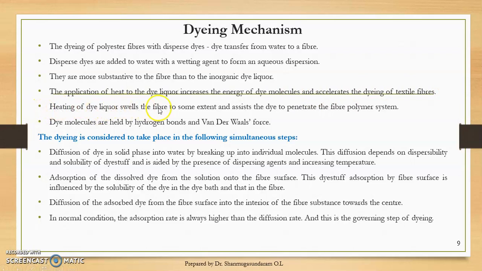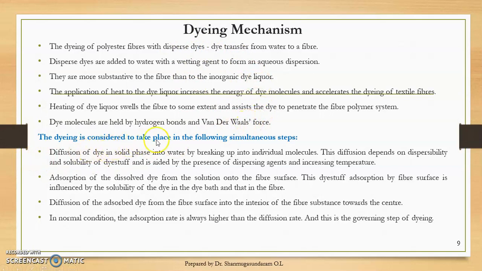Heating of a dye liquor swells the fiber to some extent and assists the dye to penetrate the fiber polymer system. Dye molecules are held by hydrogen bonds and van der Waals forces of attraction. So this is how the dyeing mechanism takes place during the dyeing of polyester material.